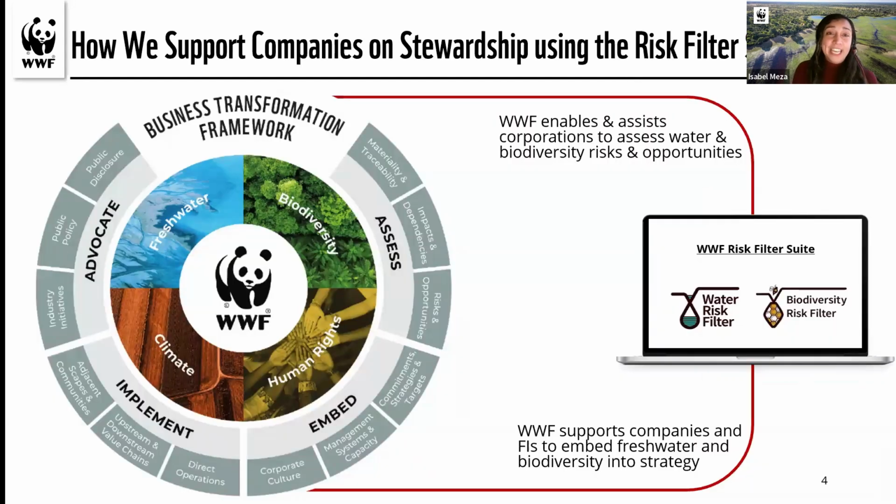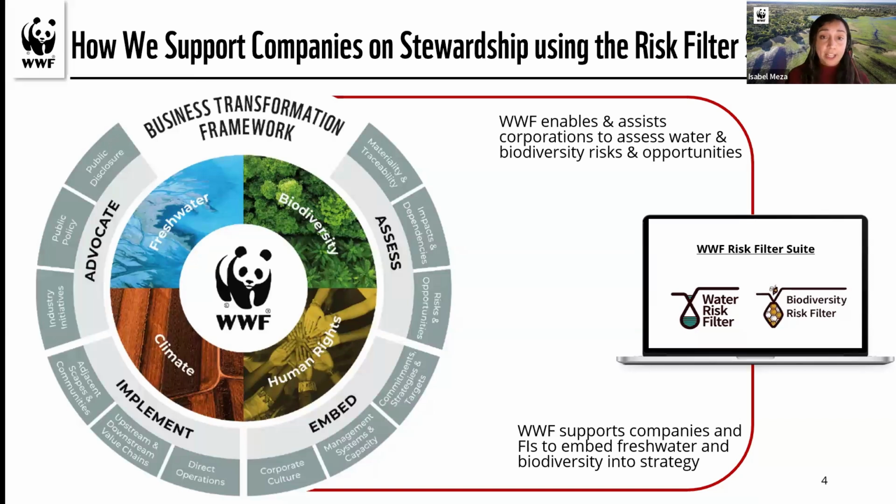Next, please. Maybe you're wondering why WWF is doing this. Within WWF, we have the Water and Biodiversity Stewardship Hubs, and they have a business transformation framework that goes around, as you can see, to assess, embed, implement, and advocate.